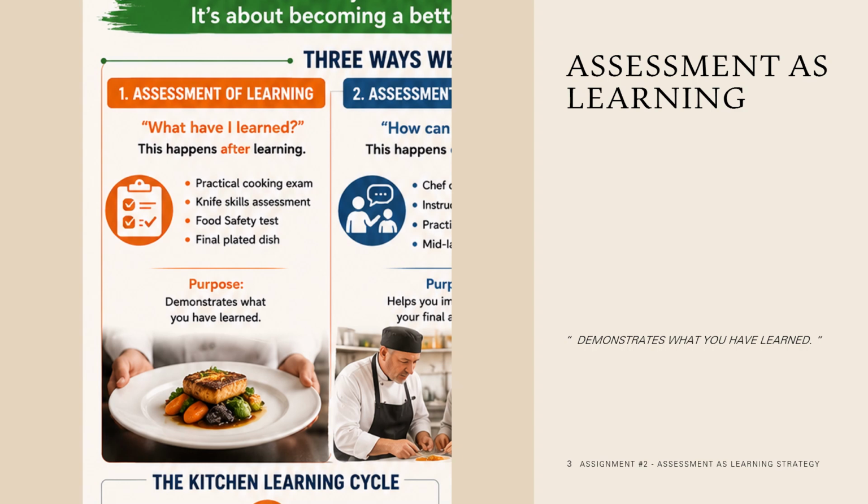This may include evaluating a finished dish, technical skills, food safety practices, and overall execution. However, I encourage students to view these assessments as more than a final grade. They provide valuable information about their current skill level and highlight areas for continued growth.